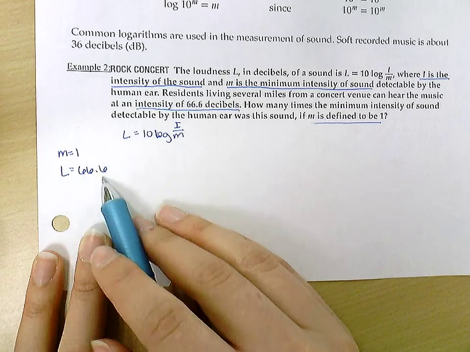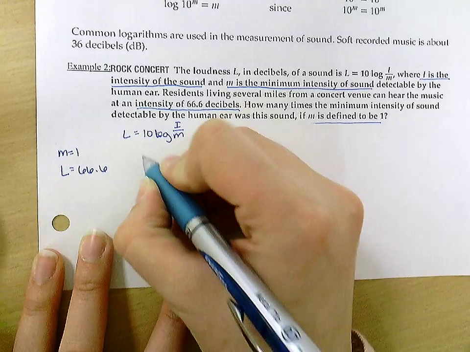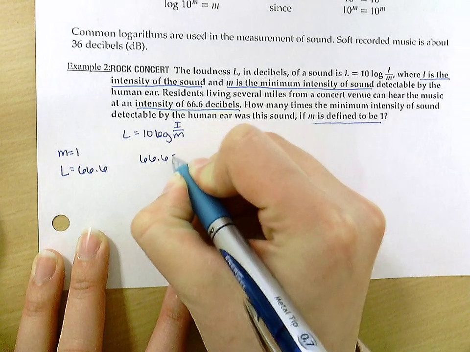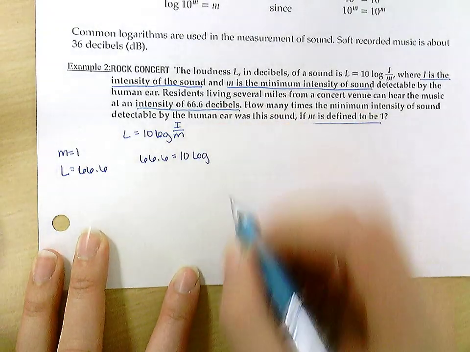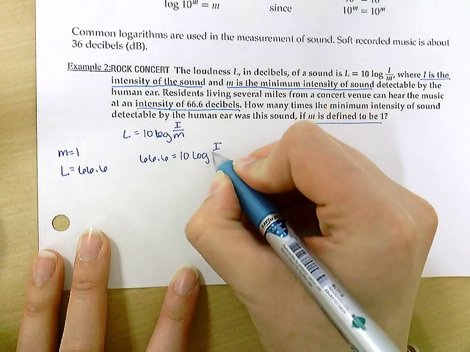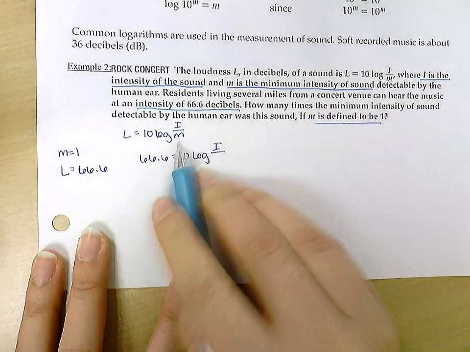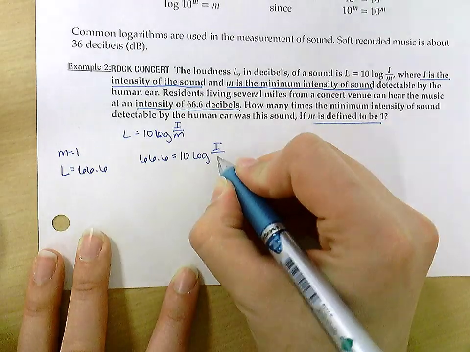I'm going to plug in 66.6 for L. Then I have 10 log of I over M, which is defined as 1.